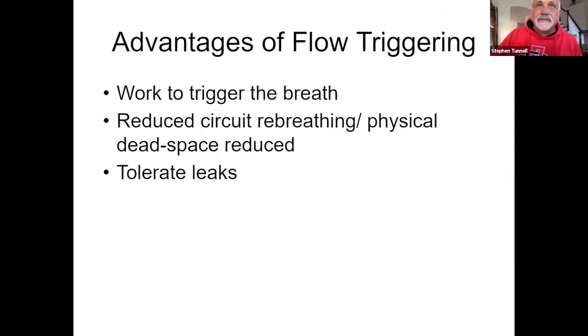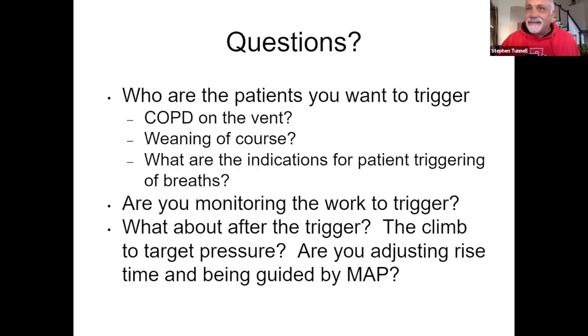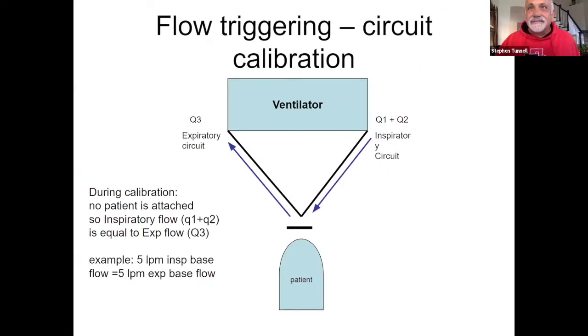And these are actually advantages of flow triggering. We believed, early on, that the work to trigger the breath was reduced by flow triggering, and that it reduced the circuit rebreathing and the physical dead space. It's very sensitive.